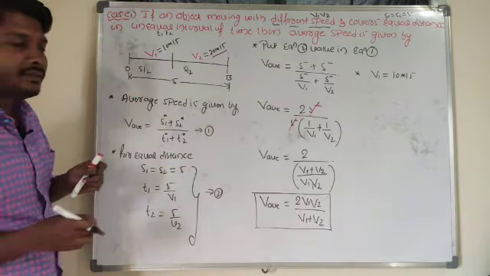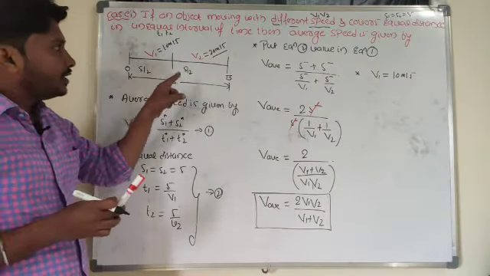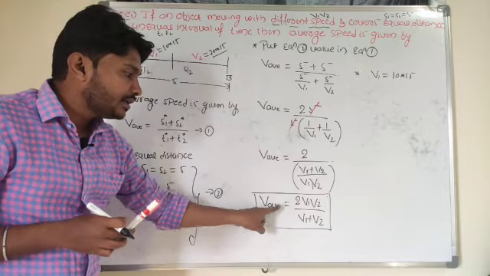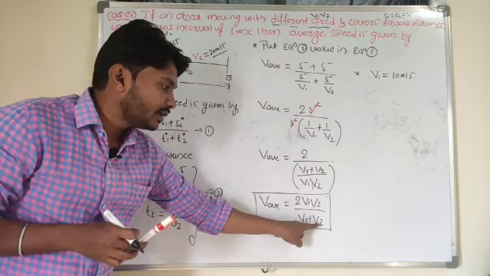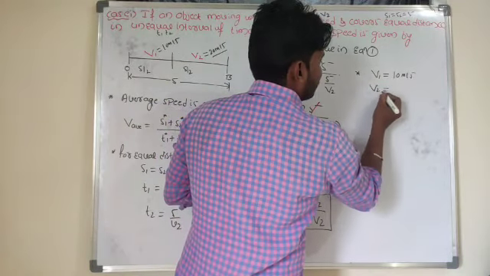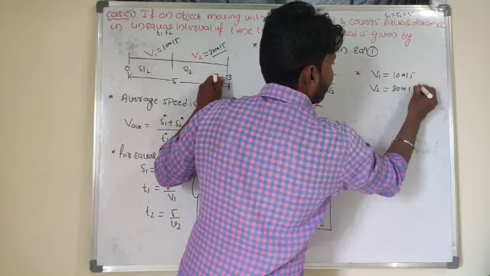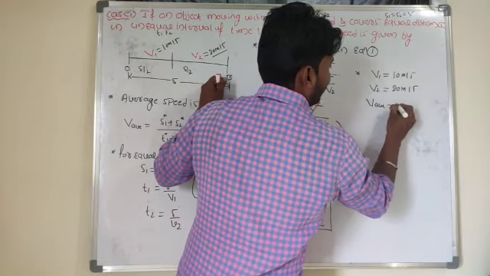Which thing remains the same here? Distance is the same. If distance is the same, what is the formula to calculate average speed? 2 times V1 into V2 divided by V1 plus V2. The second half speed is 20 meters per second.